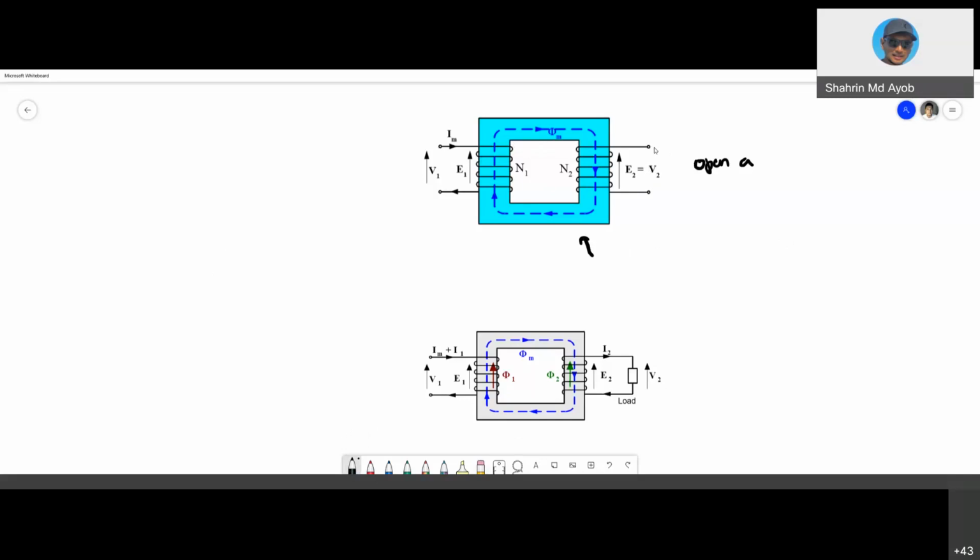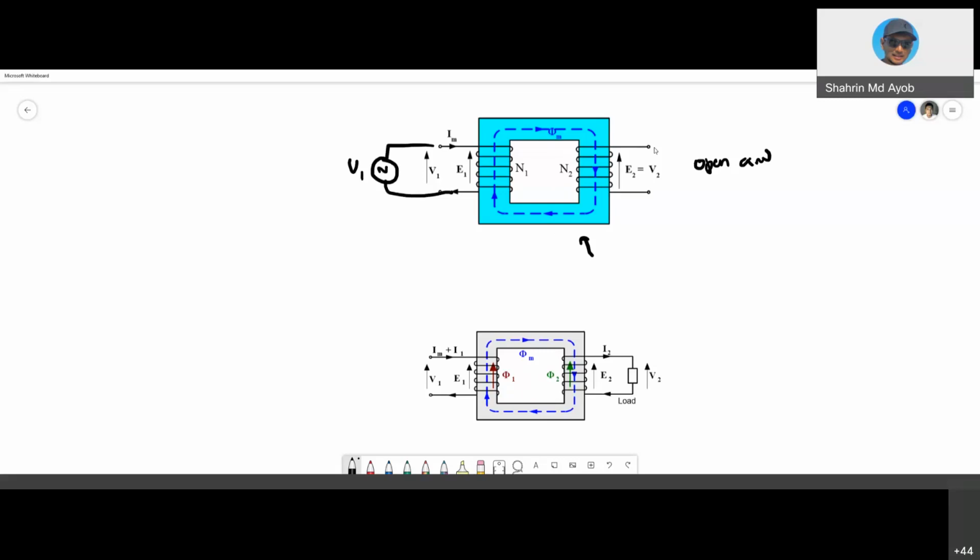circuit, open circuit. Okay, and I would like to remind you all that V1 and E1 and also E2 and V2 are different parameters. V1 refers to the voltage source, while E2 is the voltage induced due to the flux.